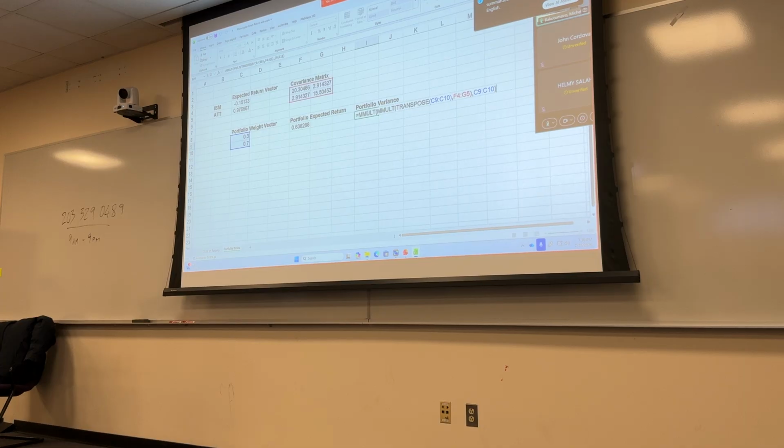So you have to be careful there, right? Because the weight is a column, but the covariance matrix is literally a 2 by 2 matrix, right? So select the right things. And then once you computed that multiplication, then you have the outside multiplication that comes into play, because you multiply that result with C9, C10 again, which is the weight vector for this portfolio.